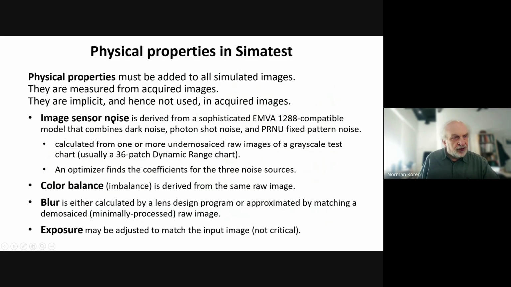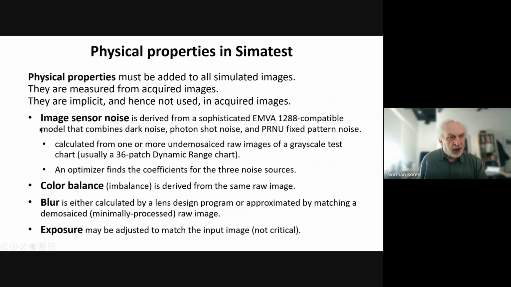The key physical property is the image sensor noise, and we have derived a sophisticated model of image sensor noise, which is compatible with the EMVA 1288 standard. This model combines dark noise, photon shot noise, and PRNU fixed pattern noise, and provides a really accurate performance model of the image sensor.